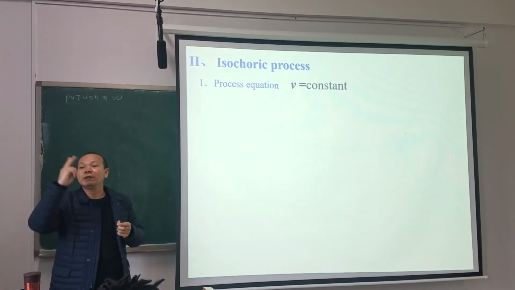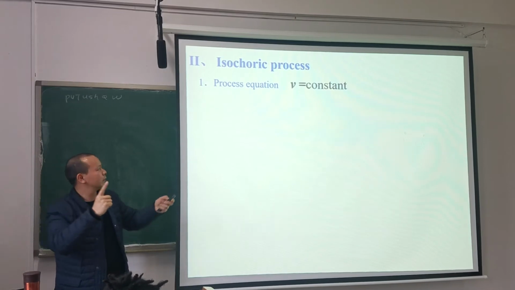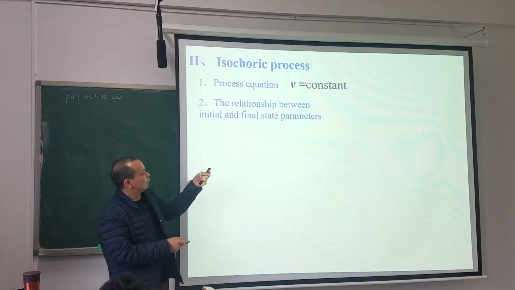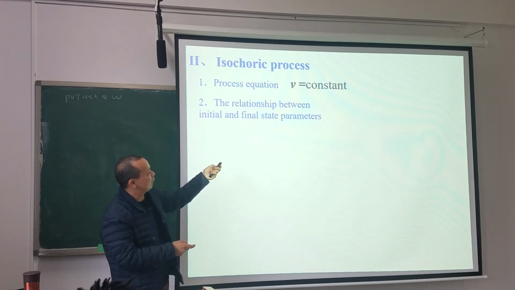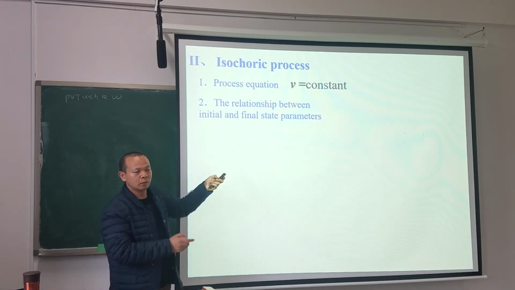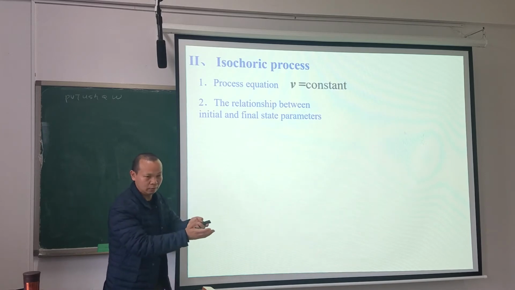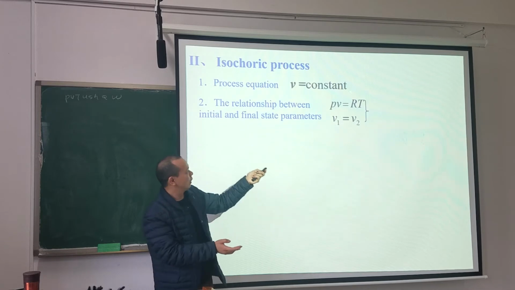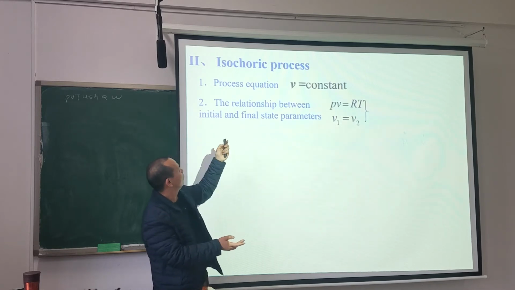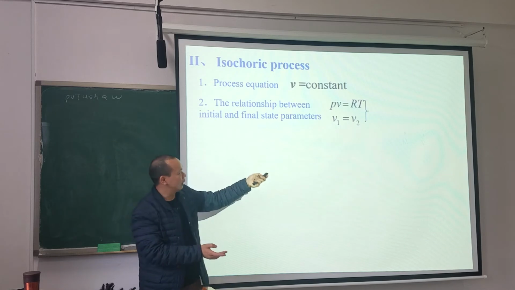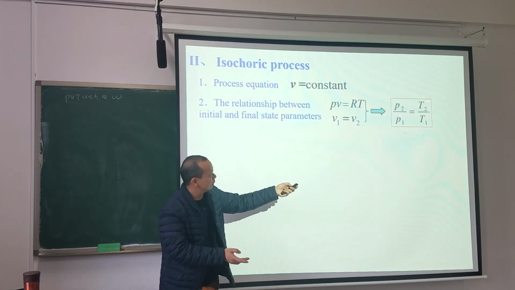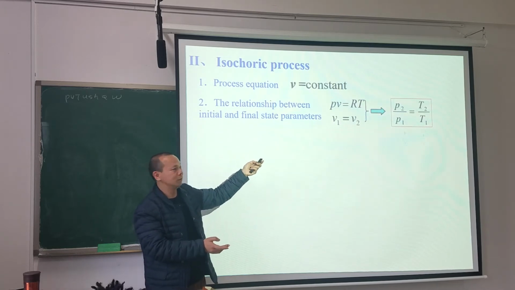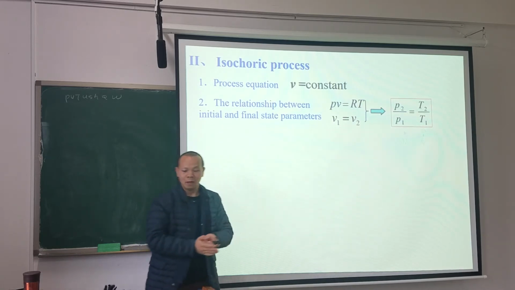This is our first step: we write the process equation, and then find out the relationship between the initial and final state parameters. This is the state function, here is the process equation, and this one is the relationship. So I think we all get it now.